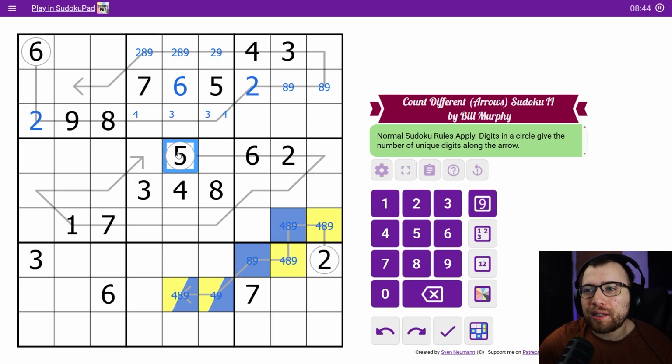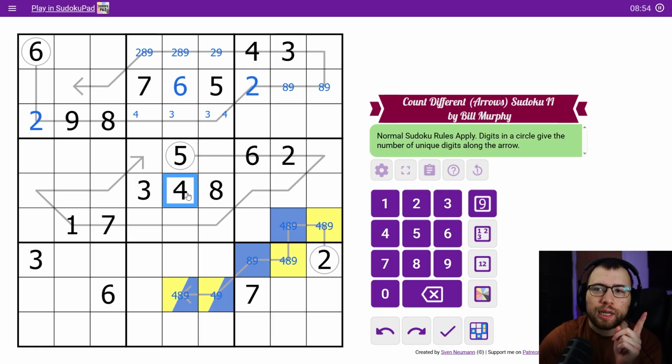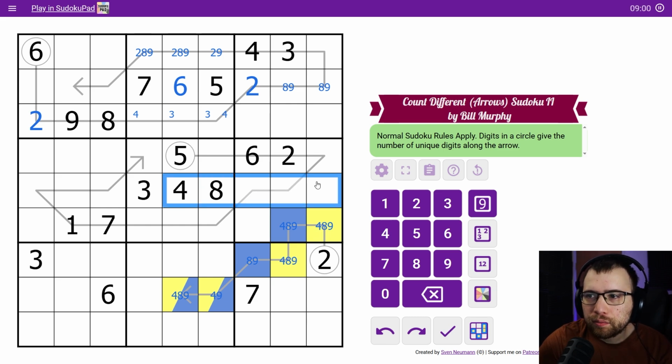All right, so this says that there's 5 digits on this line, right? So I was looking at, well, we have a 4 here. What about this 4? My first thought was because this 4 is not on a line, that it has to go somewhere in this box.